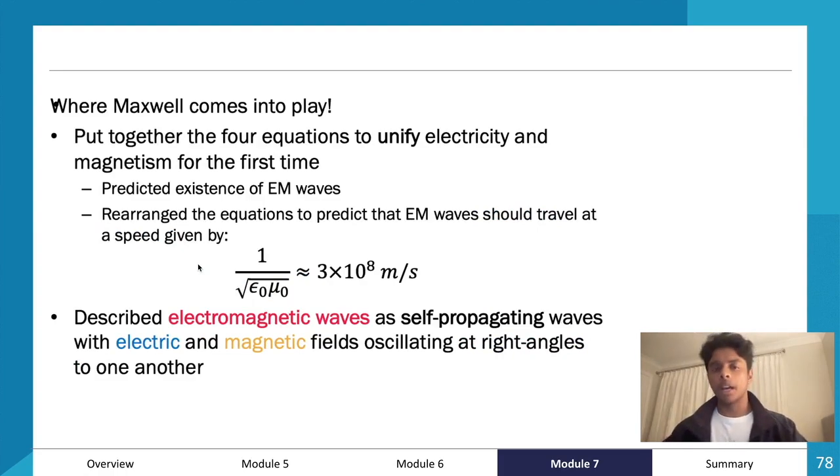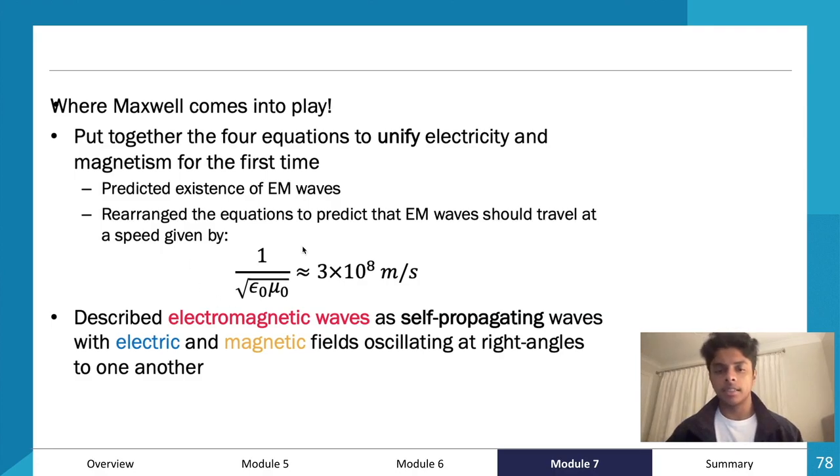And let's look at where Maxwell comes into play. So basically what he did was he put together the 4 equations to unify electricity and magnetism for the first time. So basically he predicted the existence of EM waves. He rearranged the equations to predict that EM waves should travel at a speed given by this, right?